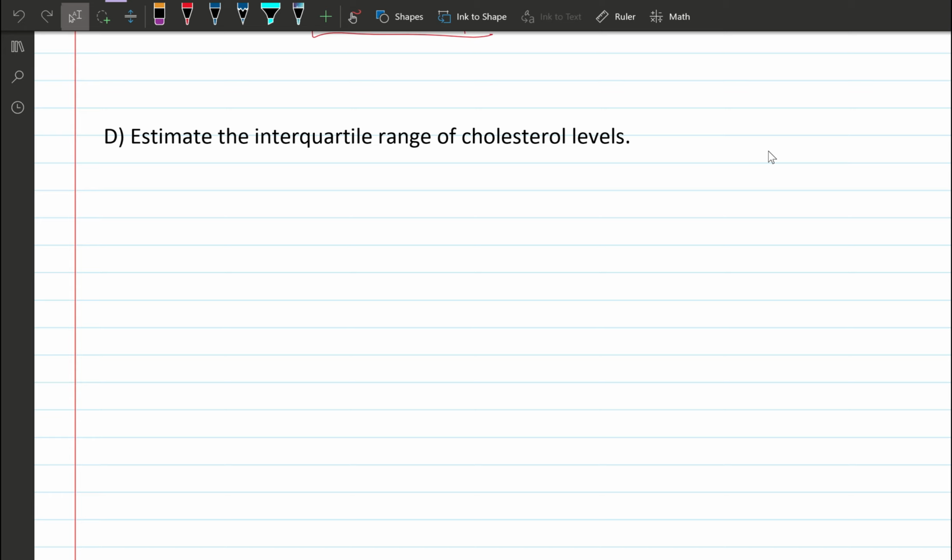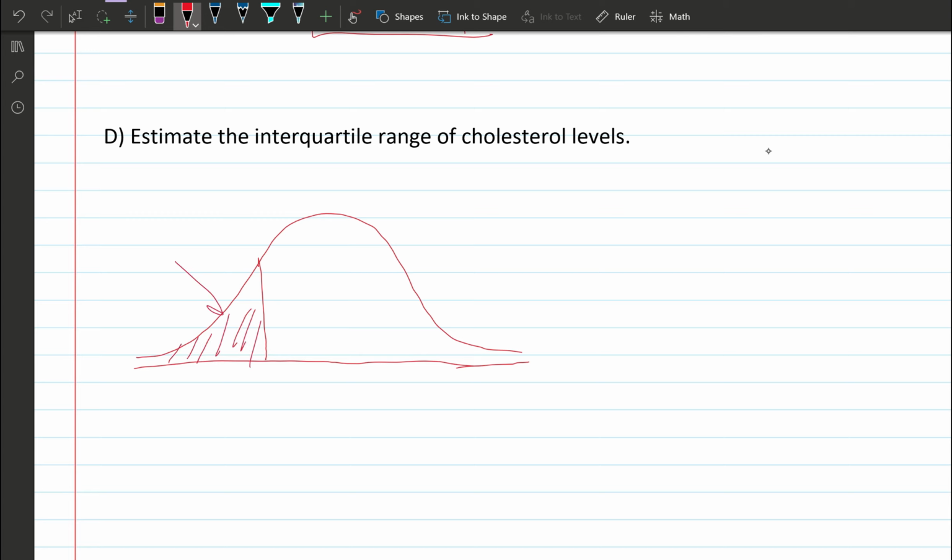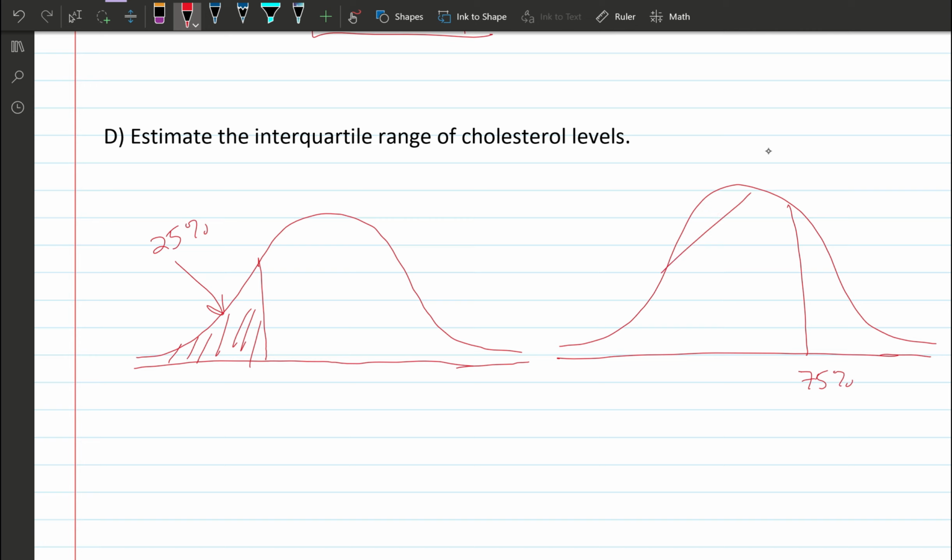So the interquartile range will be equal to the difference between the lower and upper quartiles. Let's take a look. Through my picture, I can see that if here we have the 25th percentile, and in drawing another one, this will be the 75th percentile.